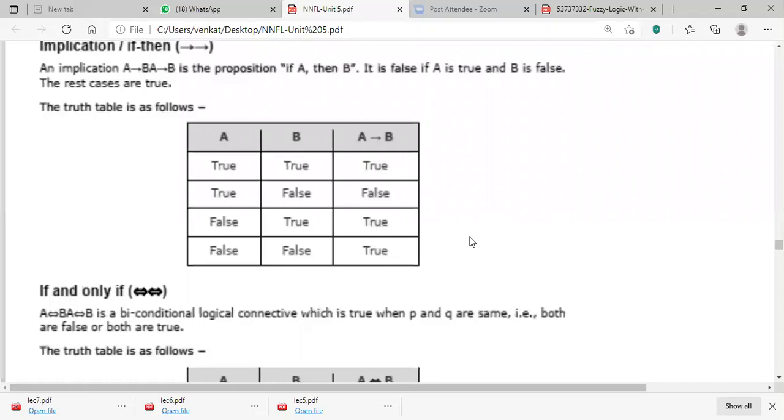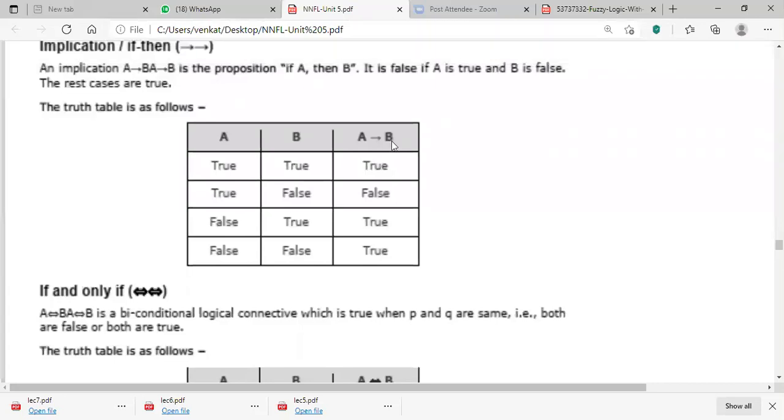Okay, if A is true, B is true, A implication B is also true. If B is false, then A implication B is false. If B is true, then A implication B is also true. But it is not the case in the last case when both A and B are false. The implication is resulting in true, which is quite opposite.